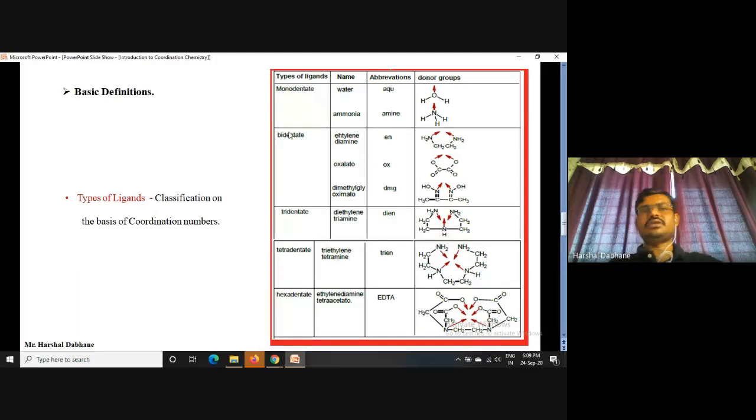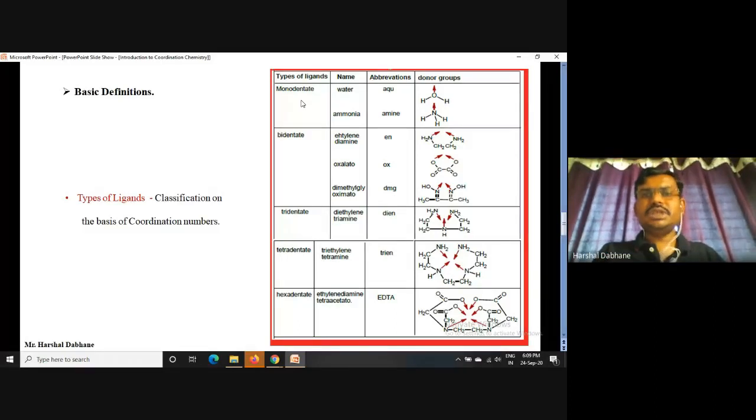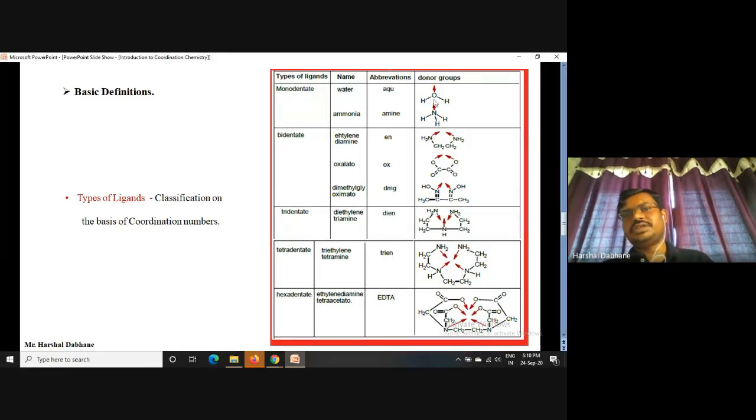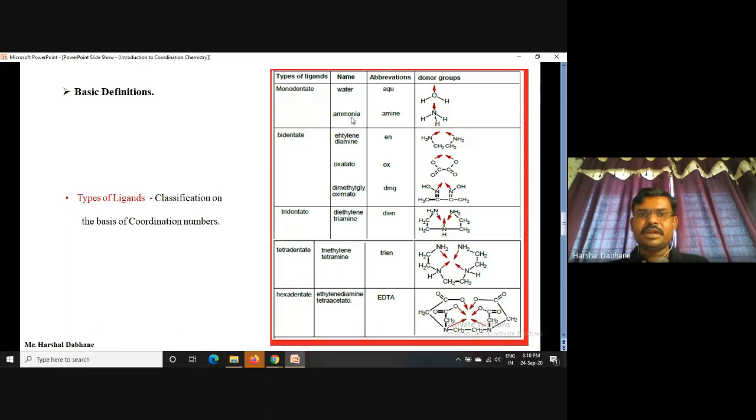Let's talk about what monodentate means. Ligands that are capable of donating only one lone pair are monodentate ligands. For example, H2O and NH3 can donate only one lone pair, so they are classified as monodentate ligands. Their abbreviations are aqua and ammine.